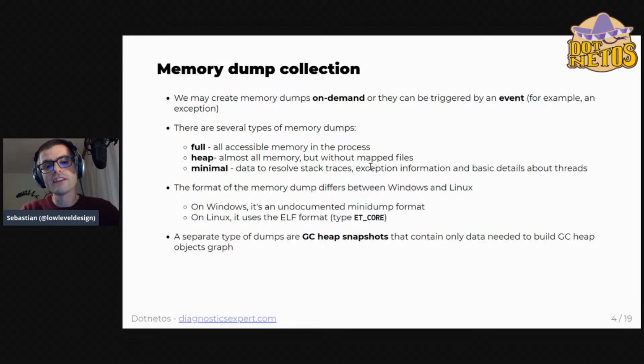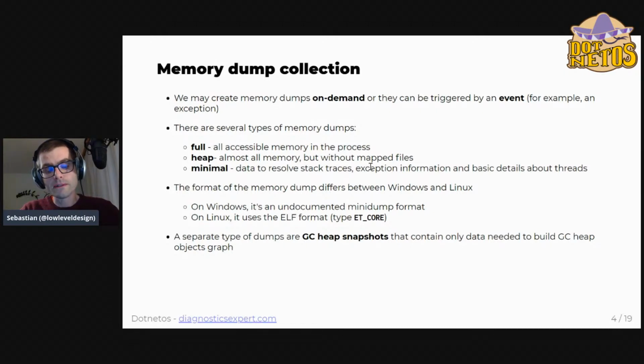And finally, there is a different sort of memory dump, which is called a GC heap snapshot. It's not technically a memory dump because it's constructed by walking the GC heap, and the GC heap snapshot contains a GC heap objects graph. So we can look at the references between objects and look for leaks in the memory of our application.